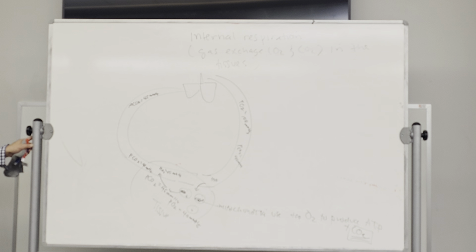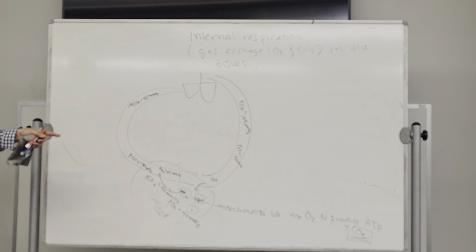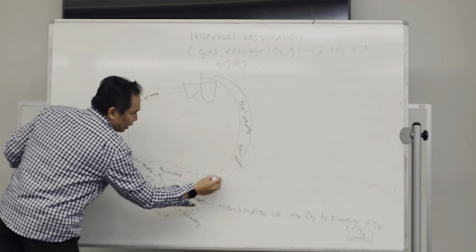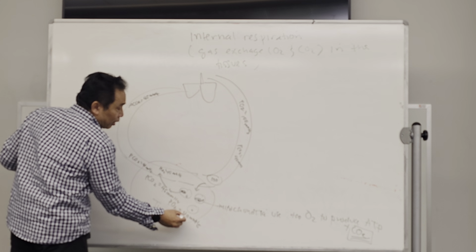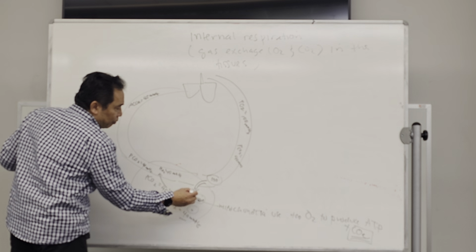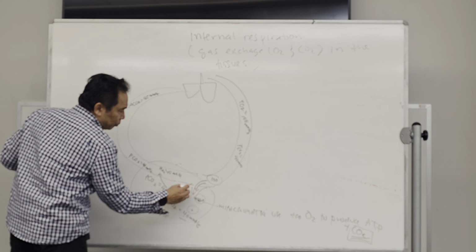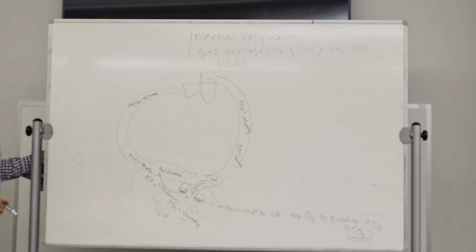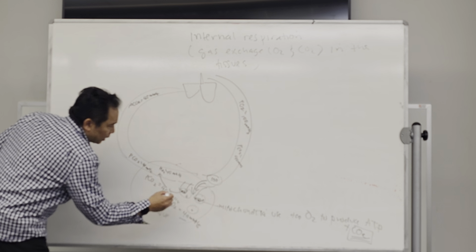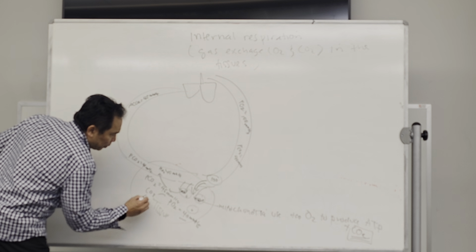So this is the exchange of gases in the tissue, based on the partial pressure of carbon dioxide and also oxygen. Again, oxygen is 100 over here, and over here is only 40, then oxygen will be delivered into this tissue. Now, the more active the tissue, the more carbon dioxide will be produced over here.